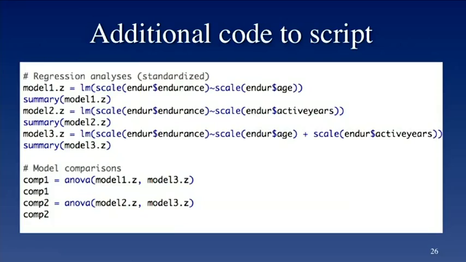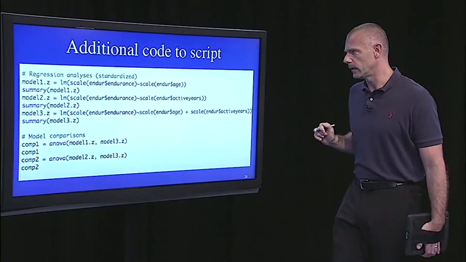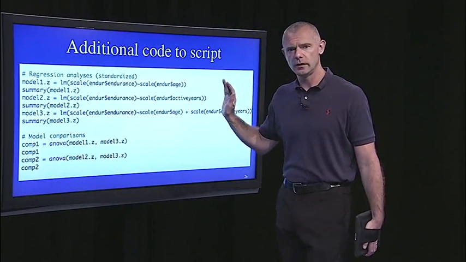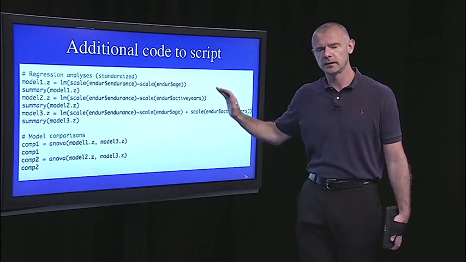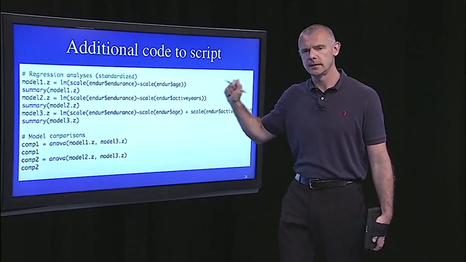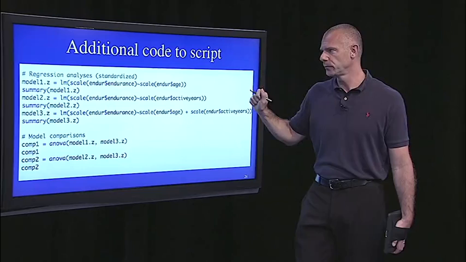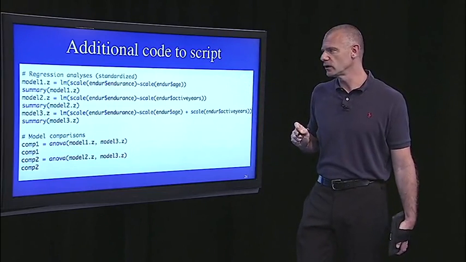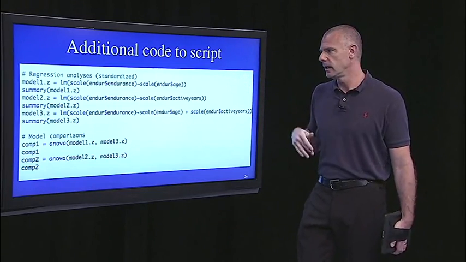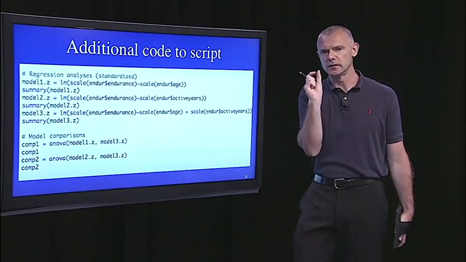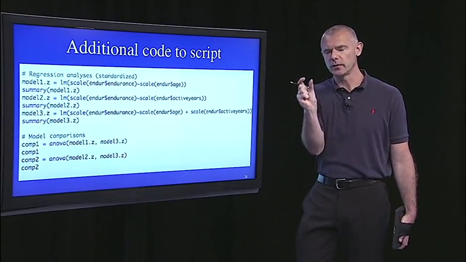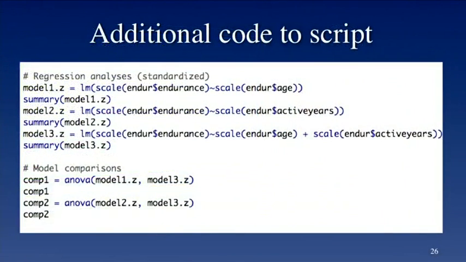I'm just showing you what's new. And what's new is doing multiple regression analysis, asking for standardized regression coefficients. So that's in my comment. I'm doing regression analyses, standardized. And the way I do that is just use this scale function and put it in front of every variable. Every y variable, every x variable.